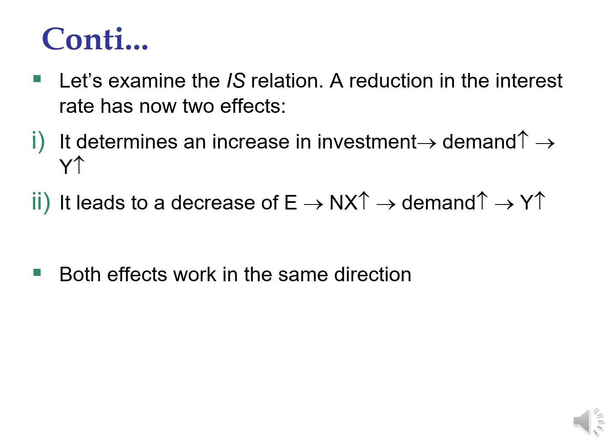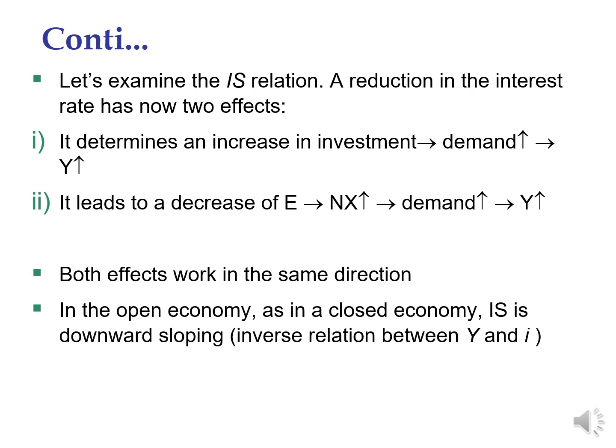So both effects work in the same direction. In the open economy, as in a closed economy, IS is downward sloping, an inverse relation between output and the interest rate, or we can say Y and i.